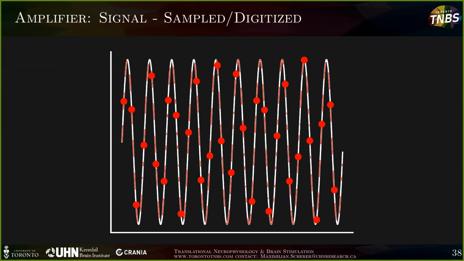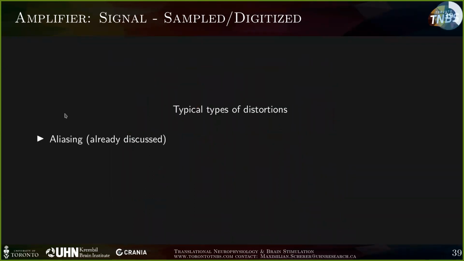I can't, or the algorithm can't, do it wrong anymore. That only works if you undersample your data, and we'll dive way deeper into that a little later. And that's basically what's called aliasing in your signal. If you undersample your signal, you make it alias, but more on that later on.